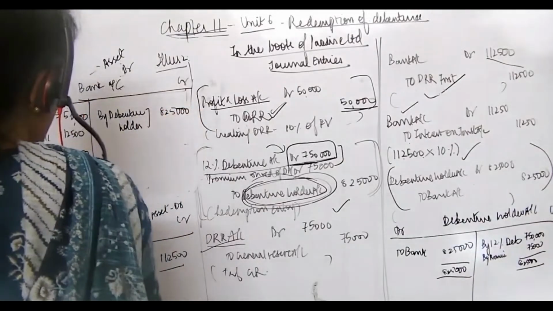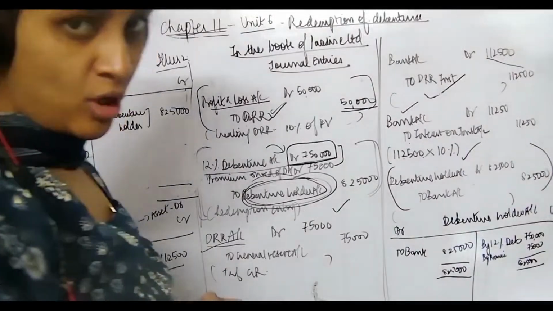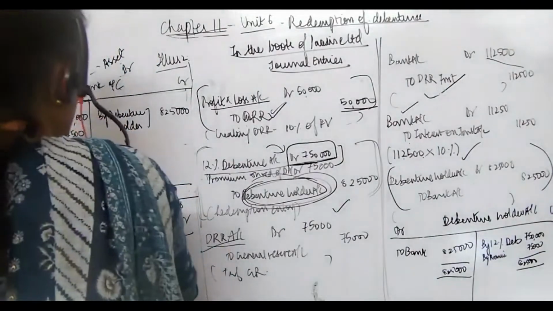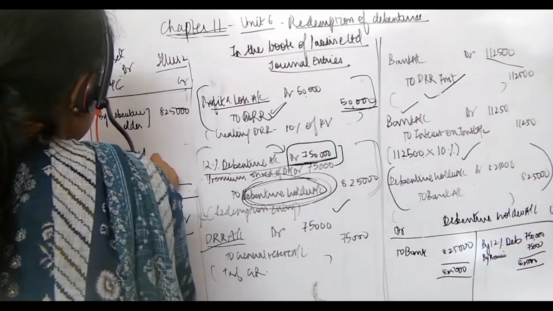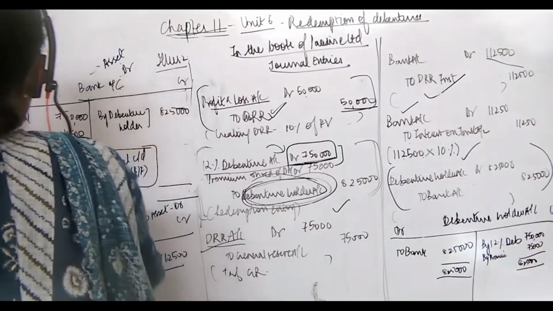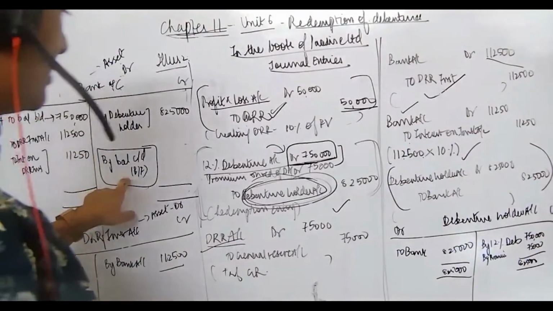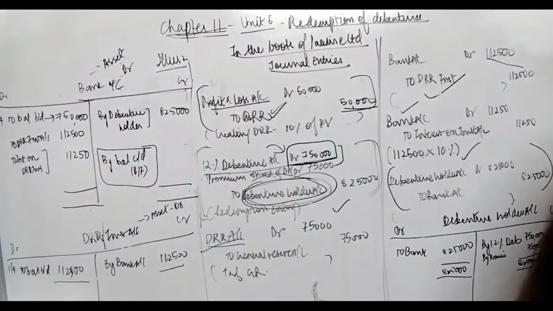8,25,000. Correct? Only for the bank there will be a balancing figure, because this total debit side total is more, credit side total is less. So you will be getting by balance carried on, which is the balancing figure. Okay? By balance carried on, balancing figure. What is the balancing figure that we have here? Can we see?